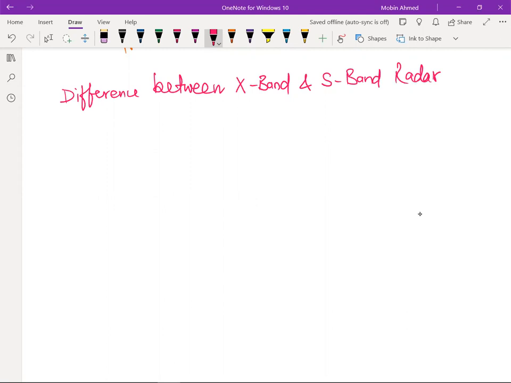Remember, wavelength and frequency matter. Like X band is 9 gigahertz and S band is 3 gigahertz. So this is how every parameter is going to depend on the frequency of a radar.